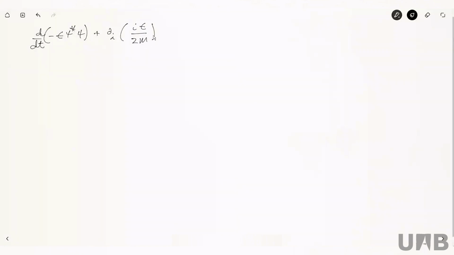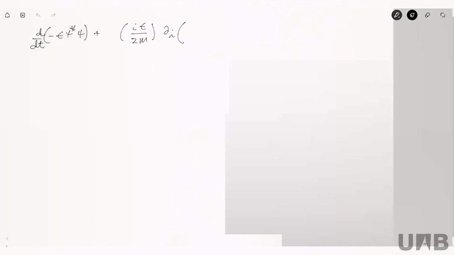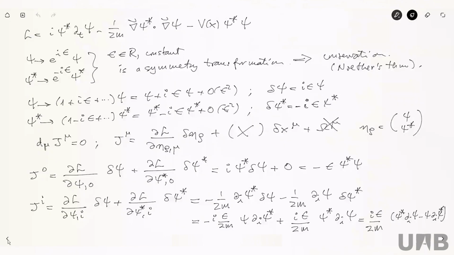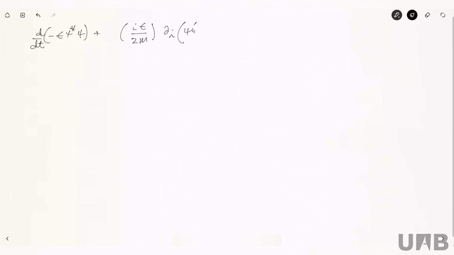Let me just pull the derivative past this factor, acting on this combination: ψ* ∂_i ψ minus ψ ∂_i ψ*.